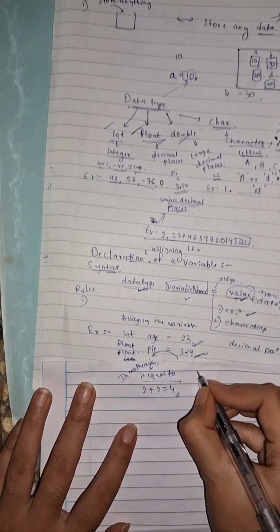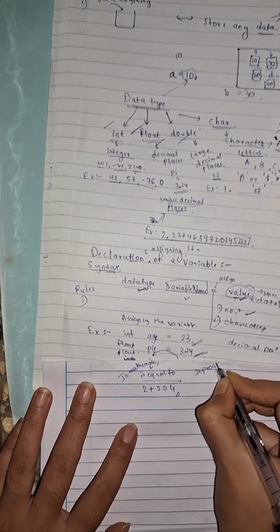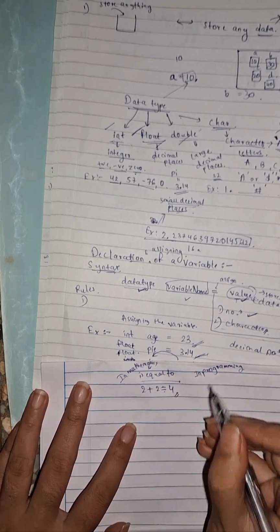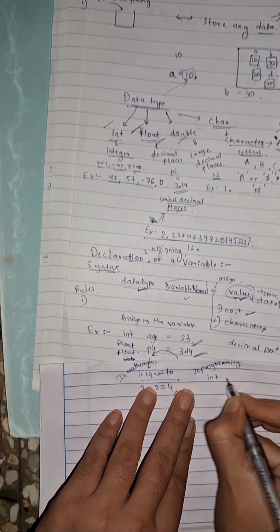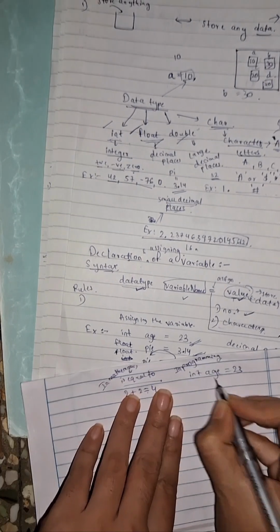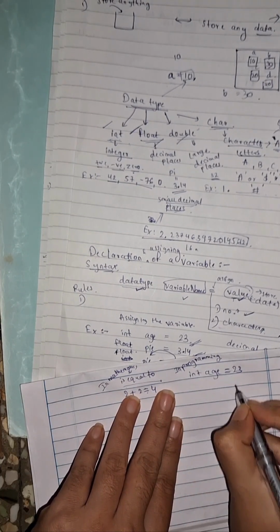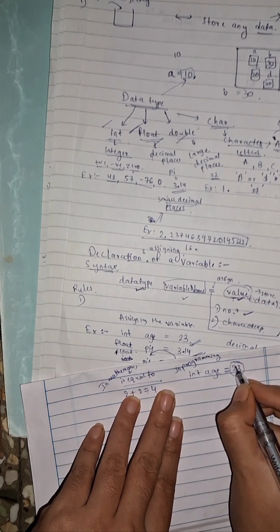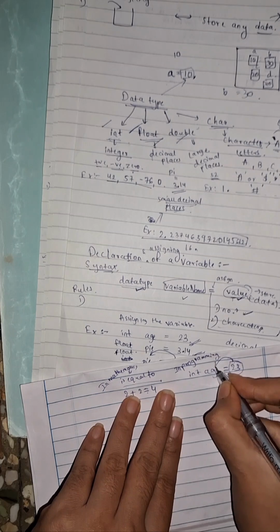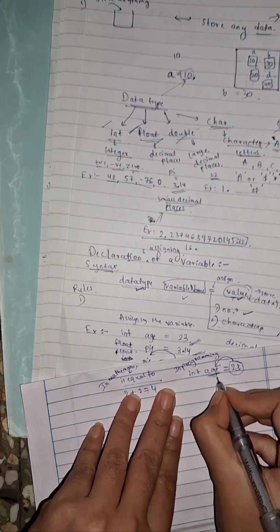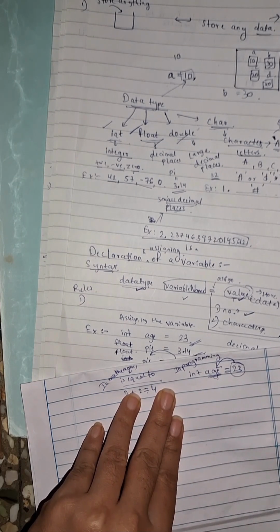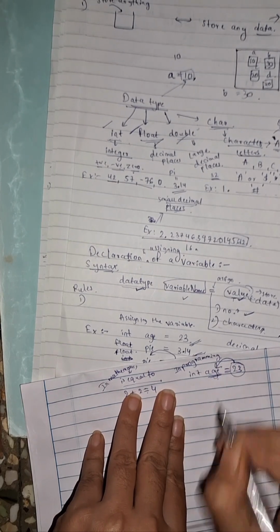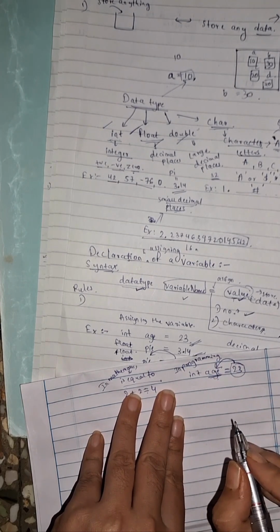But in programming, we use this symbol in int age is equal to 23. This symbol means this 23 value is stored in the age variable, assigned to this age variable in the memory location.